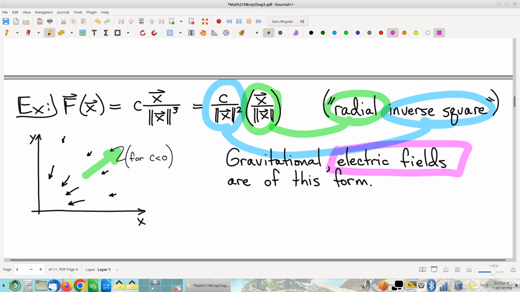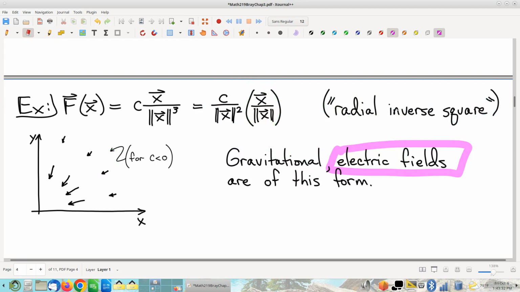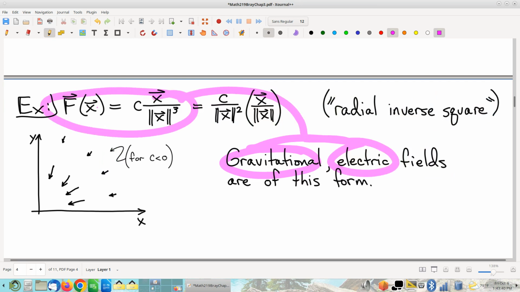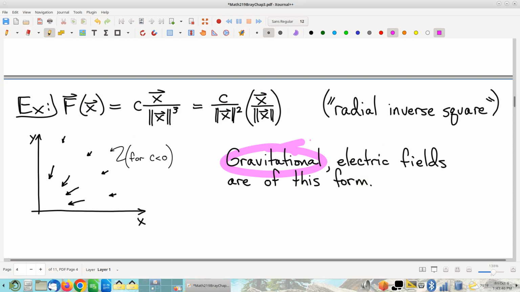Now I'm going to throw in an additional thought here that I think is worth noting. Both gravitational and electric being described by the same formula, different C, of course. The key observation I'm going to make here is that gravitational and electric fields actually look a lot like each other.